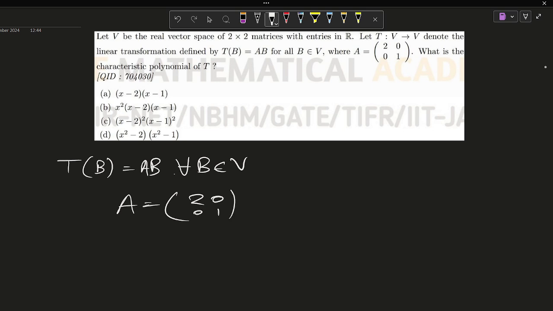We have to find the characteristic polynomial of T. This is a single correct question.